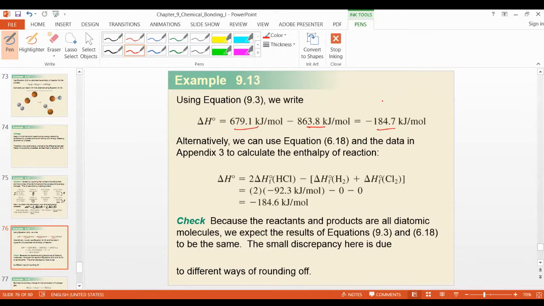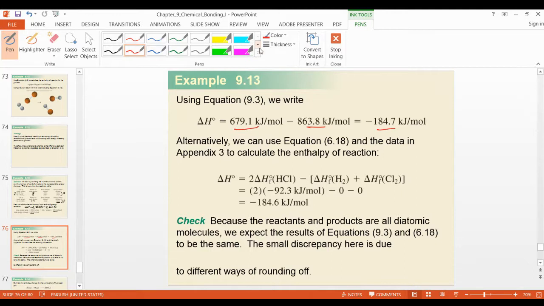It's clear. So basically, we calculate the enthalpy by standard enthalpy of the reaction, right? Yes. So in that one, we should know the bond energy, bond enthalpy. Bond energy is nothing but bond enthalpy, right?